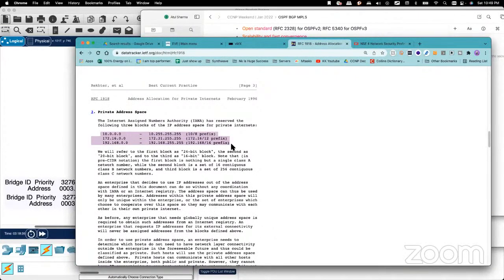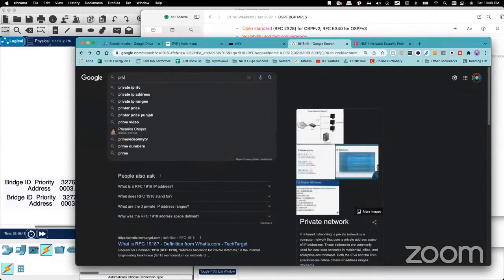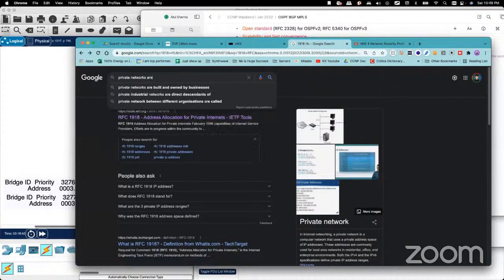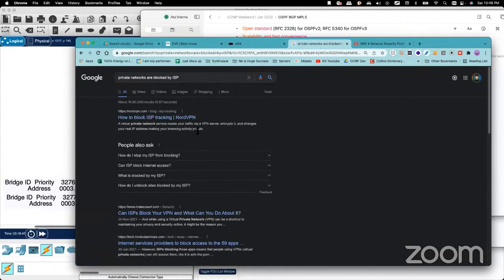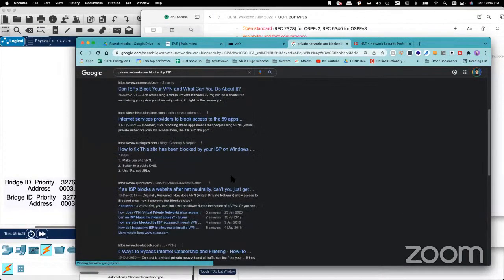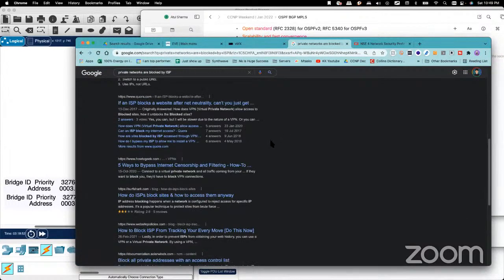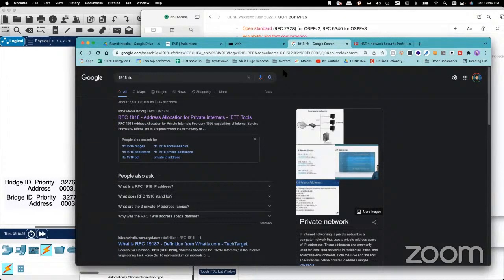So private networks are blocked by ISP. Are you getting it now? Yes. If you read about this, all your private networks are blocked by all service providers.